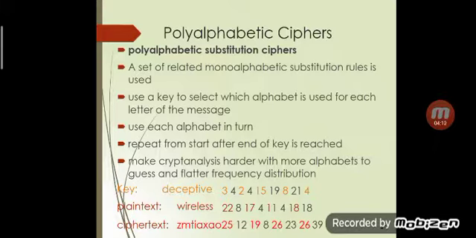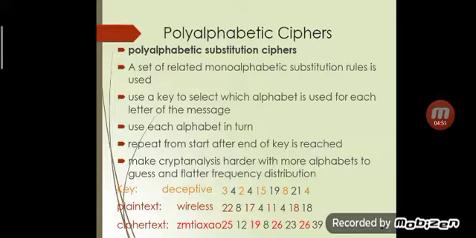Now again we consider our plain text. Our plain text is "wireless", and we apply the same thing. W is replaced with 22, I with 8, R with 17, E with 4, L with 11, E again with 4, and S with 18.